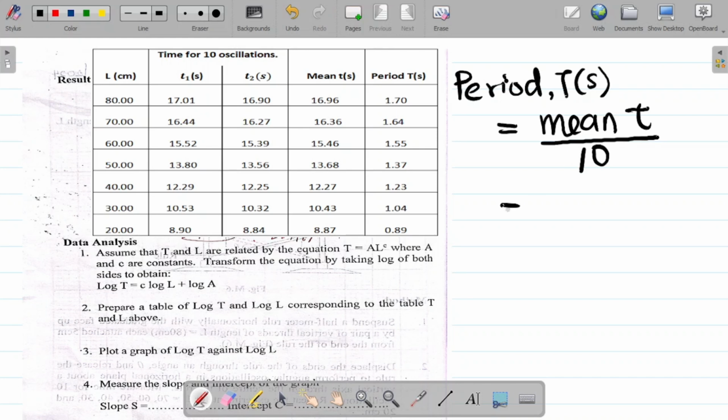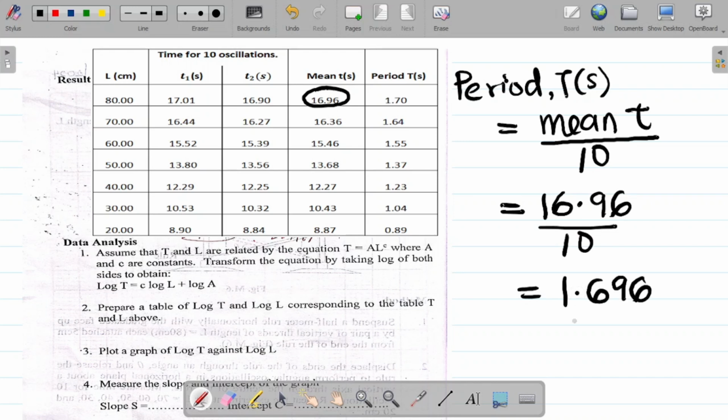So take this one here, 16.96, divided by 10, and if I do this it becomes 1.696. But notice that everything on the table here is in two decimal places. So in two decimal places this becomes 1.70 approximately. That's how I got this value here.